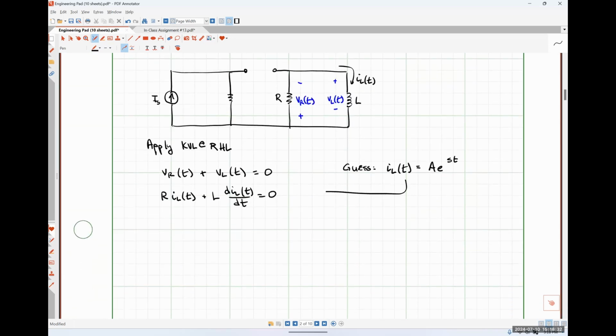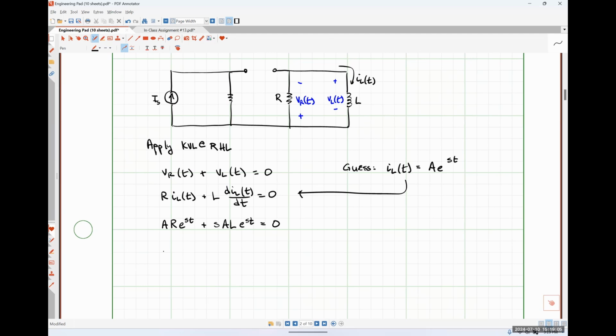And we plug that guess into our differential equation, what we wind up getting is A times R e to the S t plus S times A times L e to the S t is equal to 0.